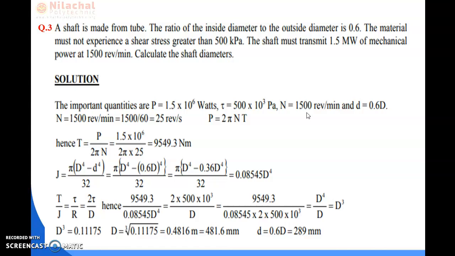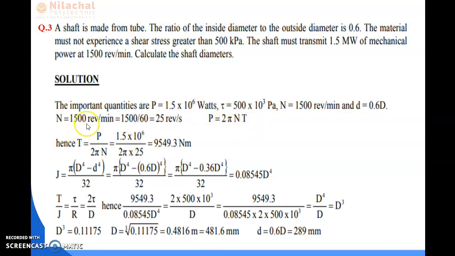So now, by the relationship between torque and power, we know that power is equal to 2 pi nT divided by 60. Okay. So here we can put this value, and from this we can calculate the torque value by putting all these things.